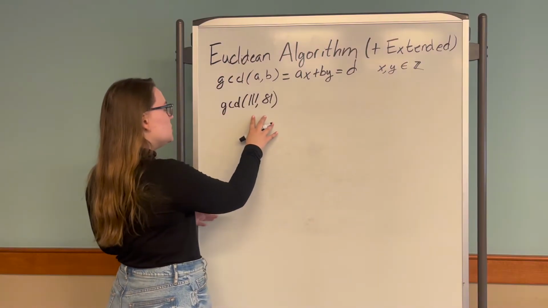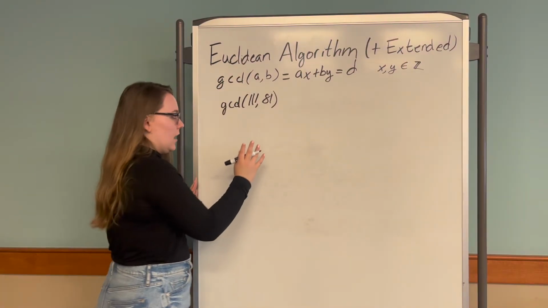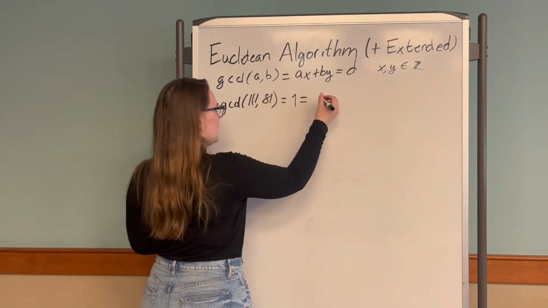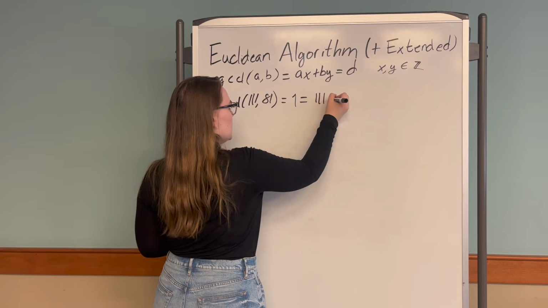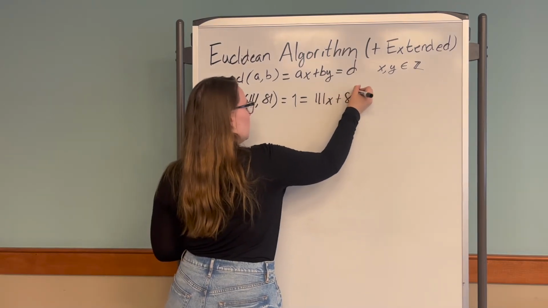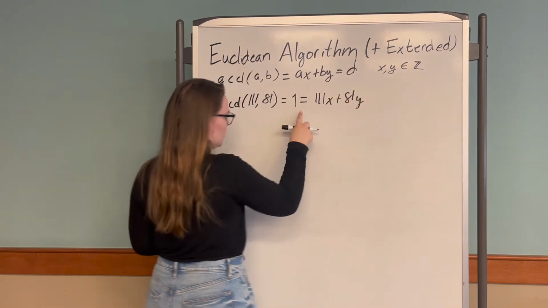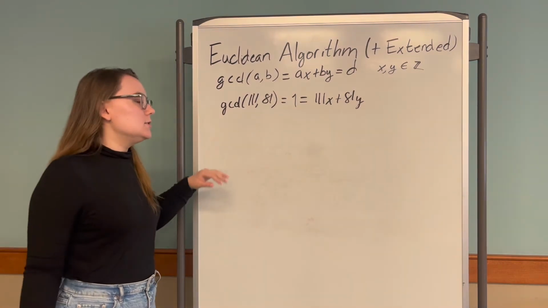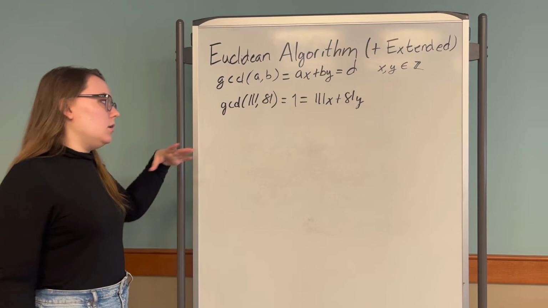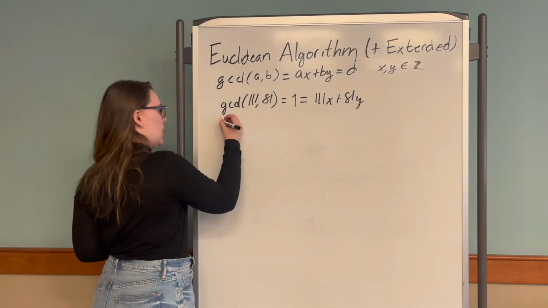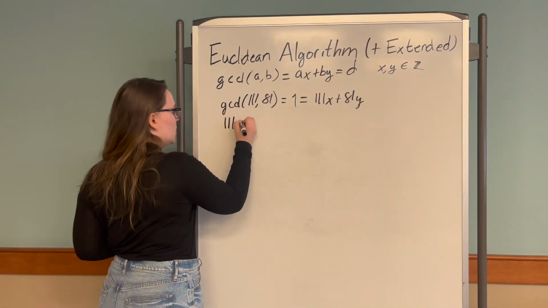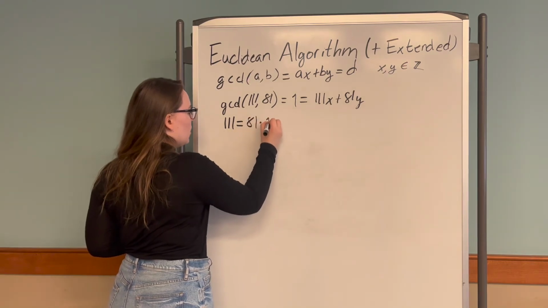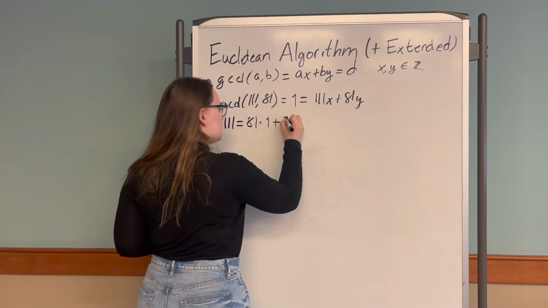And using the regular Euclidean algorithm, we find that their GCD is equal to 1. So that means that 111x plus 81y is then equal to 1. Next, we're going to be using the Euclidean algorithm, except we're going to be writing out every single step in an equation. So we find that 111 is equal to 81 times 1 plus 30.